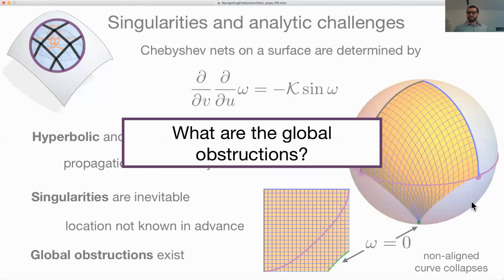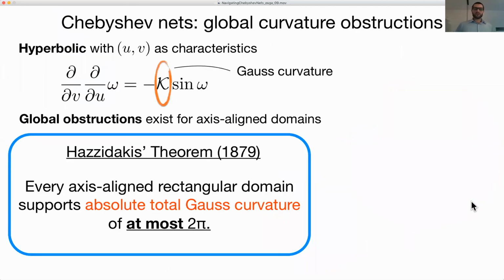So what are these global obstructions that are known? What can we say by integrating along the characteristics? Well, when you integrate along the characteristics, that means you're integrating along u and v in this hyperbolic differential equation. And it turns out that what you get on the right-hand side is something like an integrated Gaussian curvature, so a total Gaussian curvature. And on the left-hand side, you get something that has to do with interior angles of the net.